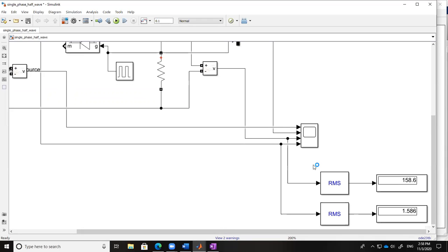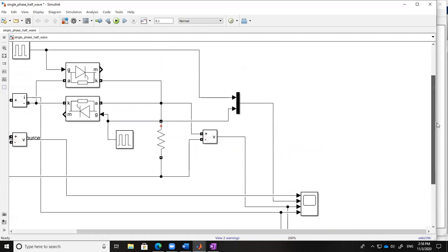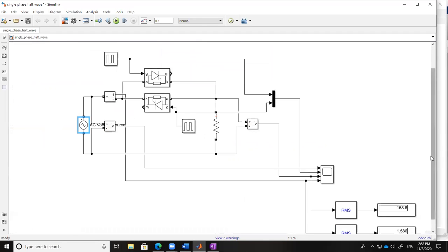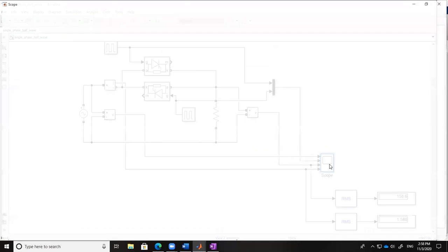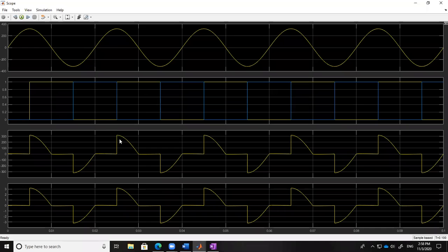So the RMS voltage is reduced. This way you can control the output voltage, right?